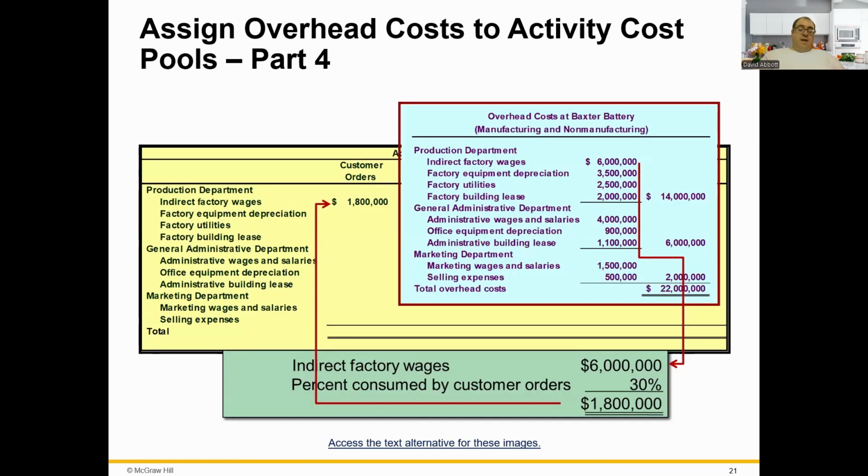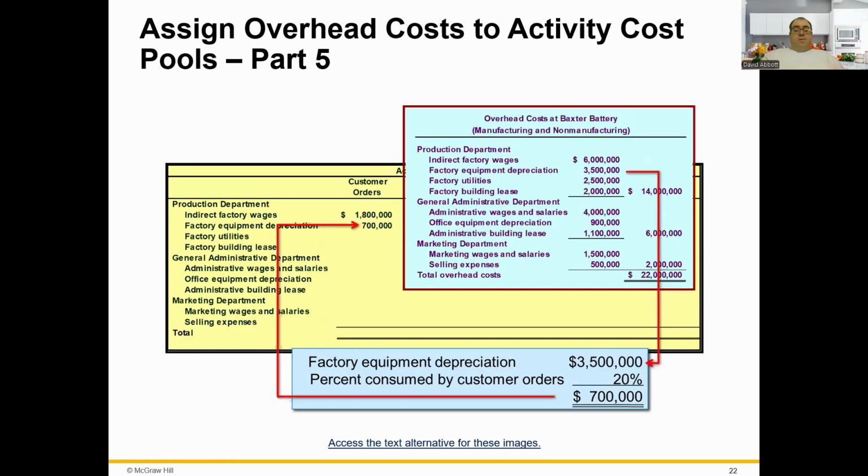Once the percentage allocation has been determined, it is a simple matter to assign costs to activity cost pools. For example, the indirect factory wages assigned to the customer orders activity, $1.8 million, was computed by multiplying the total indirect factory wages, $6 million, by the percentage of time indirect factory workers spent on that activity, which is 30%.